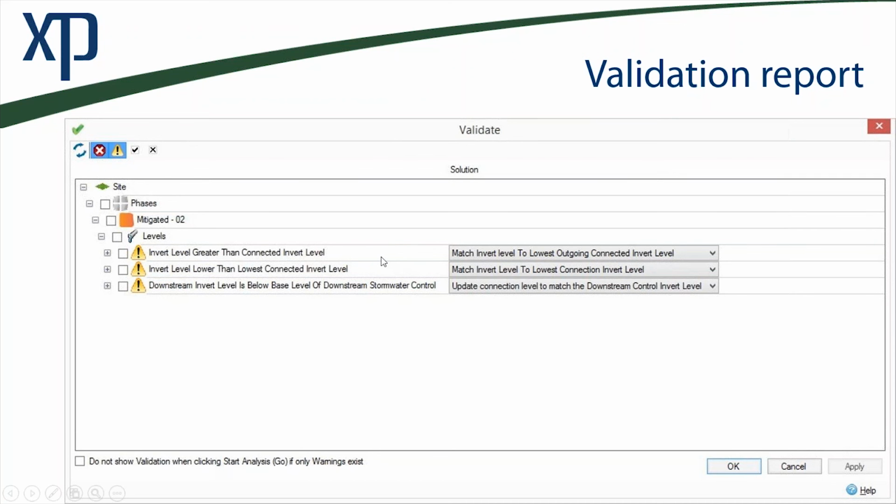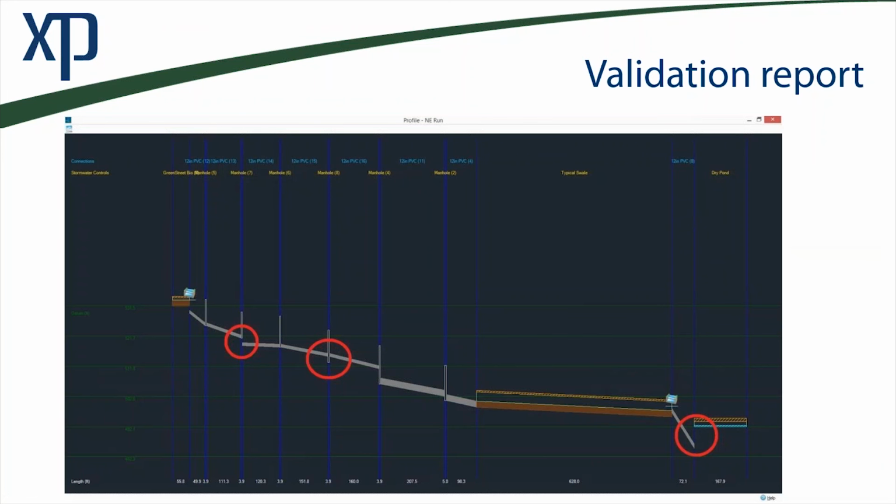If we want to interrogate this in more detail, we can expand the table and review and open individual items. You may also find the profile view is useful for seeing visually actually what's happening. So the three things identified in that validation report can be clearly seen on the profile view.